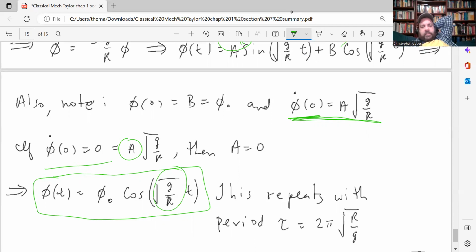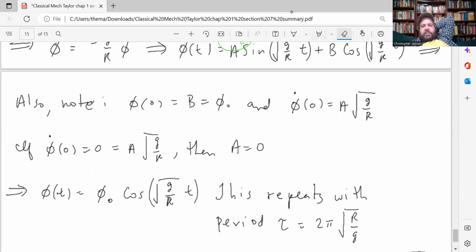That means that the skateboard repeats its positions with period tau equals 2 pi square root r over g, because remember, cosine has period 2 pi.